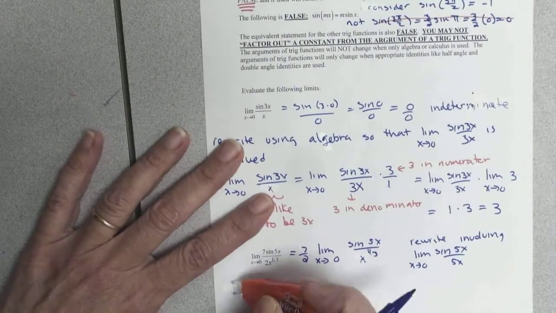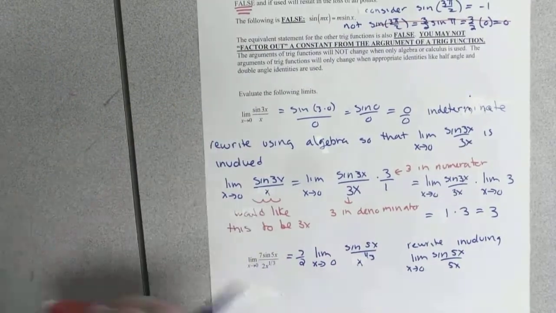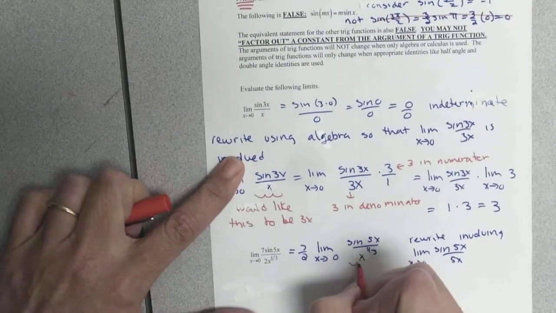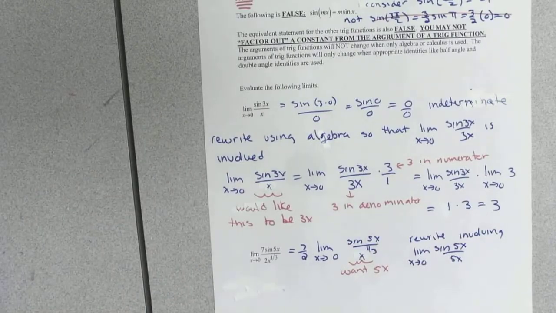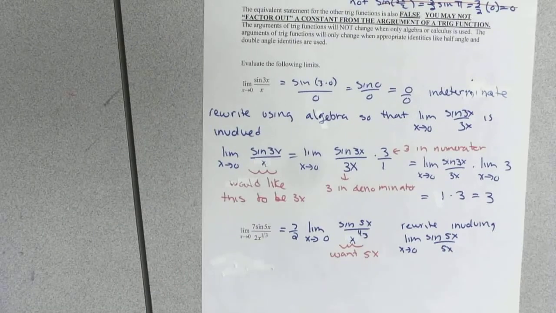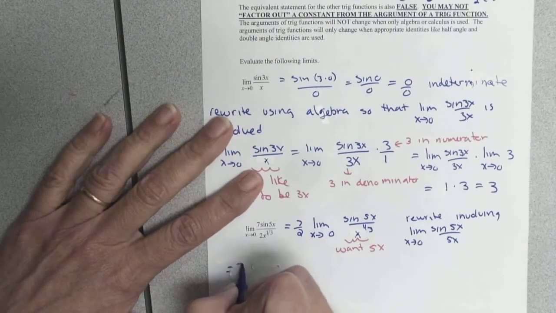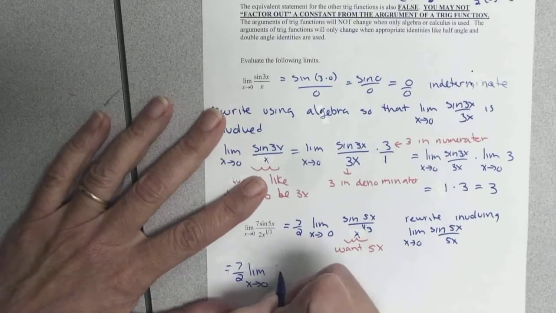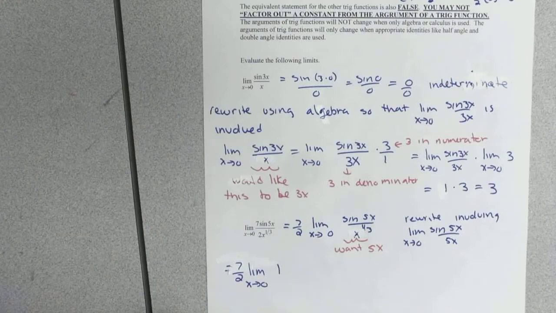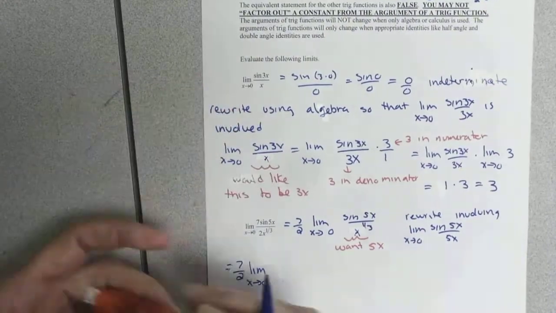And to do that, I'm going to want this to be 5x down there. When that argument and that denominator match, or if it was inverted, numerator and argument match, I know that limit. So I want that to be 5x. So I do whatever I need to do to get it to be 5x, as long as I compensate for it.